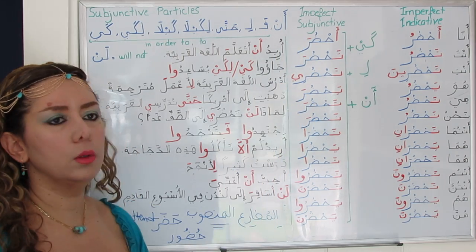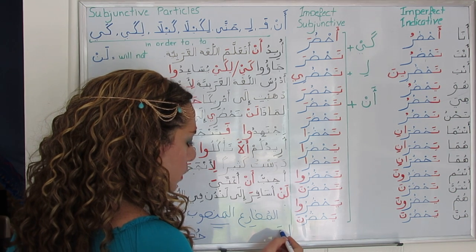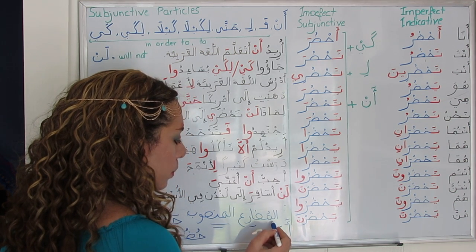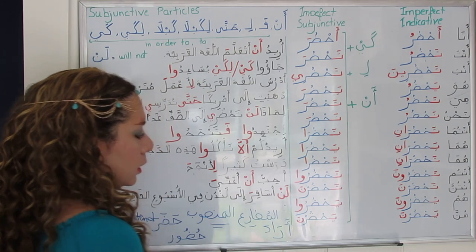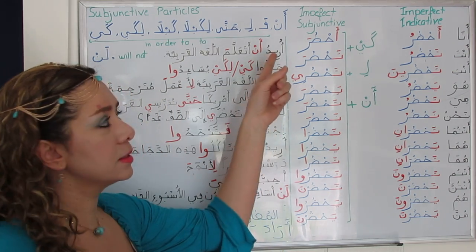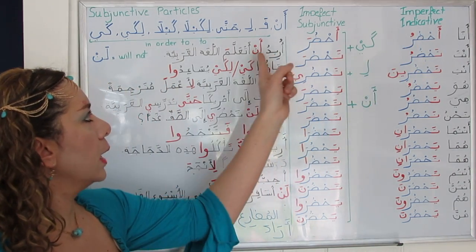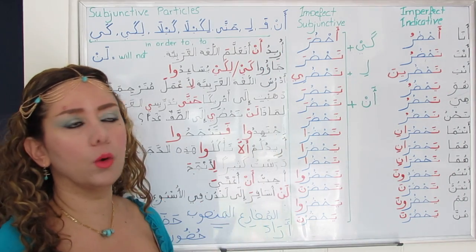So أريد is the verb أراد conjugated in the present tense. أراد is to want. أنا أريد, carrying the dhamma, I want.